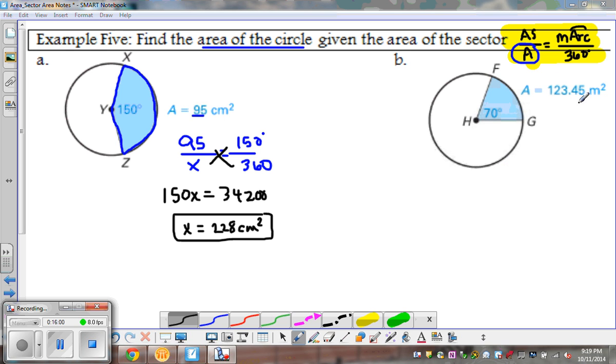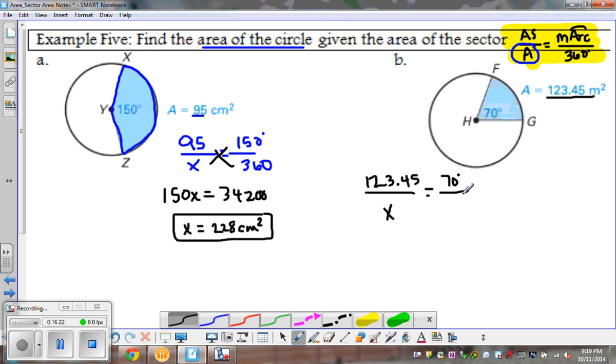Let's go over this. Once again, we're looking for the area of the circle, so that goes in my denominator. The area of my sector they give to me as 123.45, so that goes in my numerator, over the area of my circle, which is what we're looking for, equals the measure of my arc, which is 70 degrees, over 360 degrees. Once again, we cross multiply.